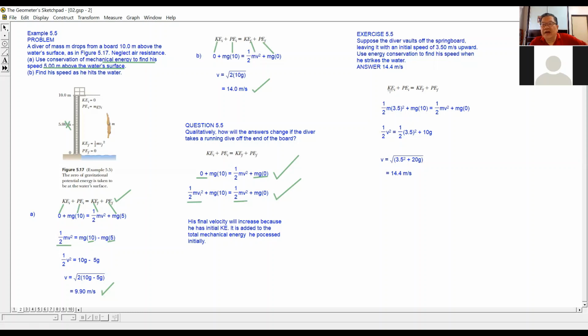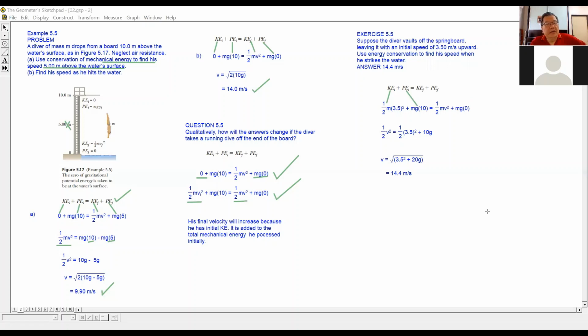You put the m there, even though you are not given the mass of the diver, to show that you know you are dealing with kinetic energy. And the initial potential energy is mg times the height, mg times 10. So this is the total energy before he leaves the springboard.